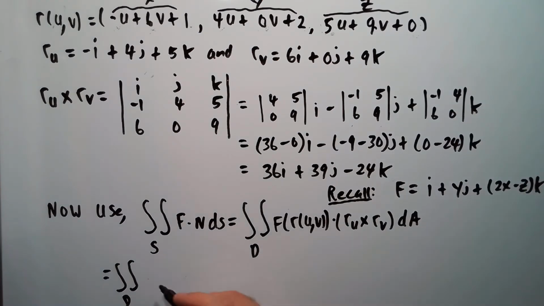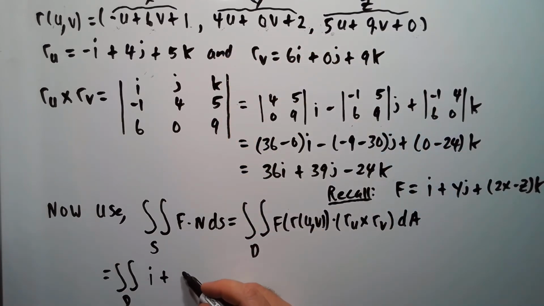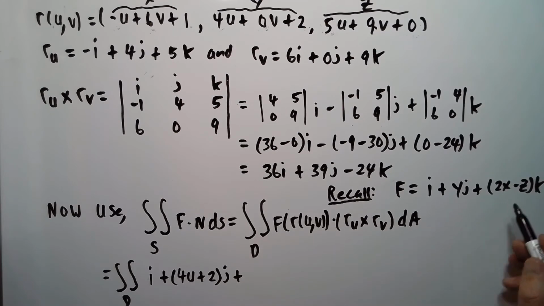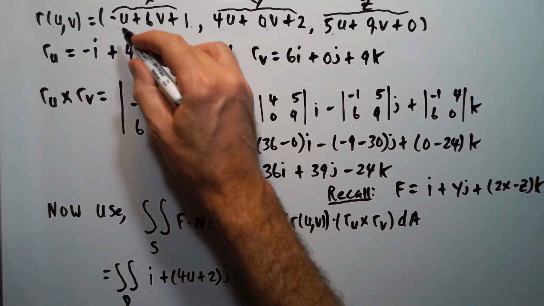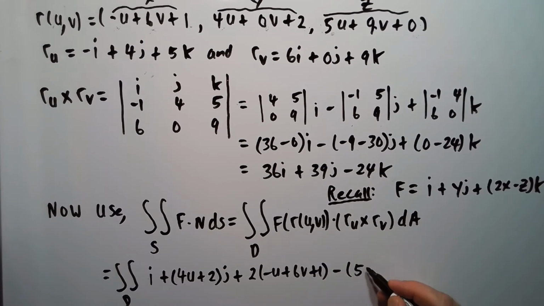So it's going to be i plus y, but y now is 4u plus 2, j plus 2x. So it'll be 2 times x, which now is -u plus 6v plus 1, minus z. So it'll be 5u plus 9v, this is k.